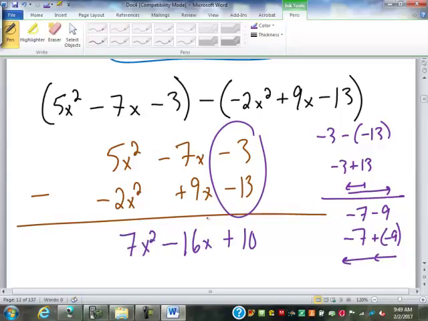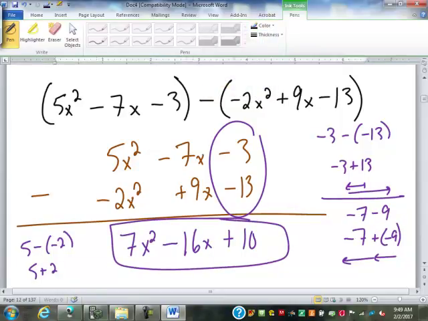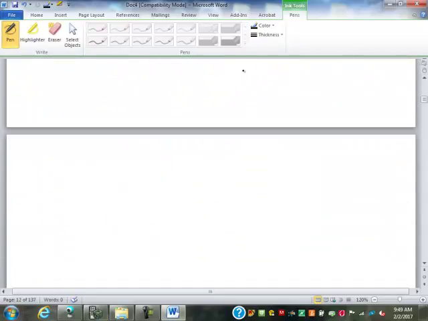Positive 7x squared. Good. 5 minus a negative 2 becomes just 5 plus 2, or 7. So as you can see, the real trick here is just dealing with the negatives.